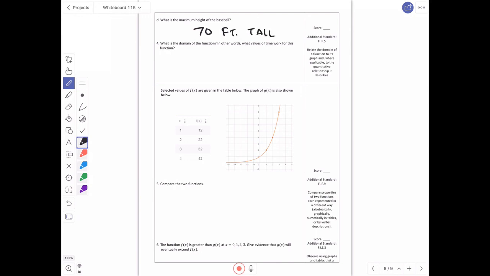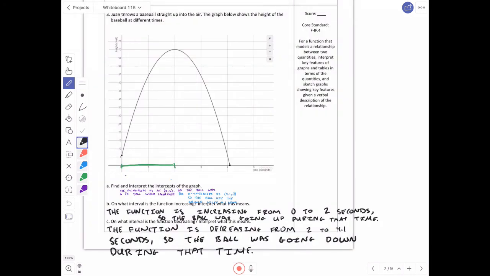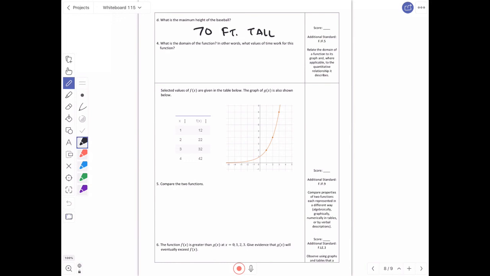And the domain question was an extended standard. Well, we can answer it. The domain was from 0 to 4.1 seconds. And it is 9 o'clock.